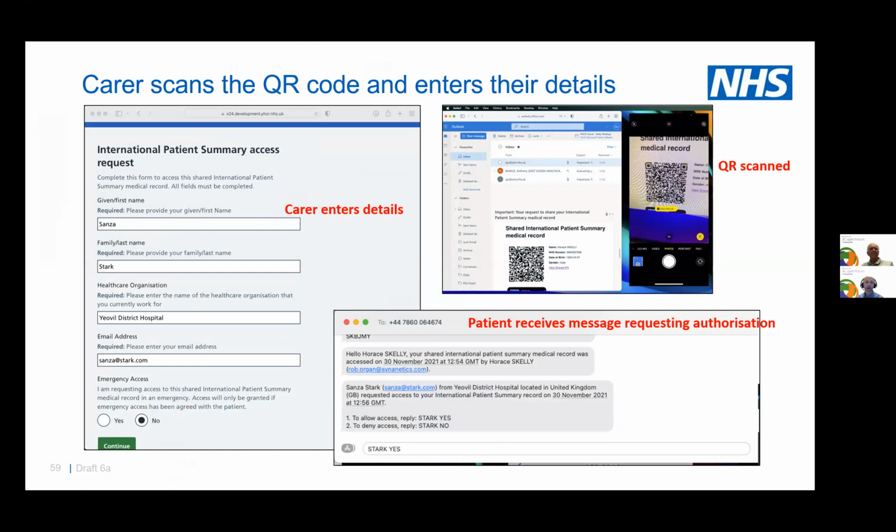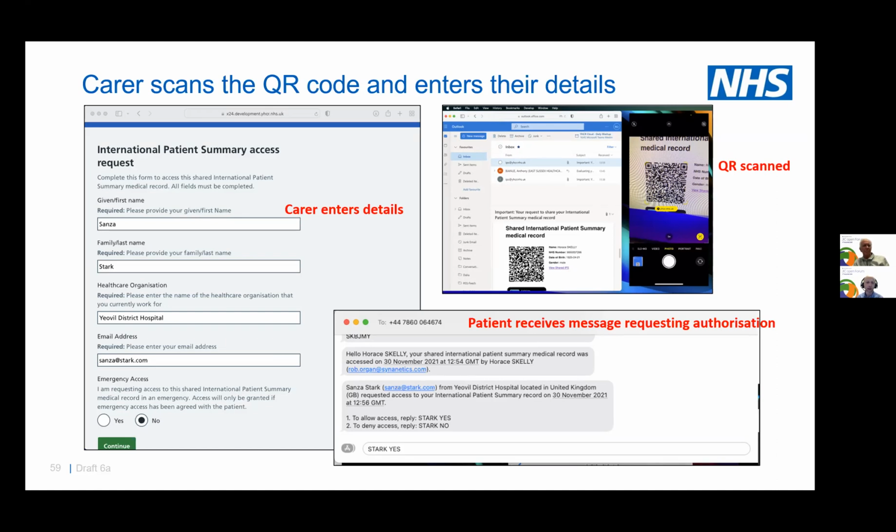So if it's not appropriate for the patient to share the record on their device, then there is the option to give the care provider access to the record. In that case, the patient would give access to the QR code to the care provider. The care provider would then get a summary screen explaining who they are, what organisation, and email address. There is a concept of emergency access which we still need to work around, but at this point it's not emergency access.